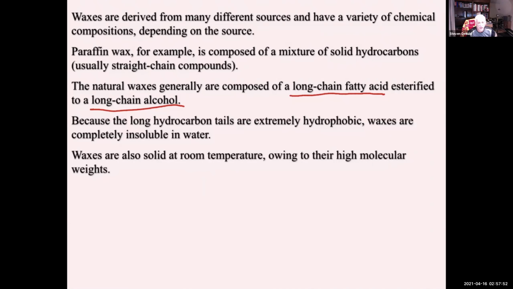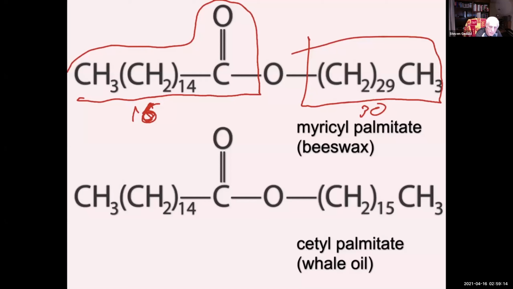So you can see a lot more carbon atoms than we're used to dealing with in the triglycerides. So this is a long chain alcohol and a long chain carboxylic acid. And that results in an ester, which results in a wax. And this one is beeswax, and this one is whale oil. Okay. Again, long chains on both sides of the carbonyl group.